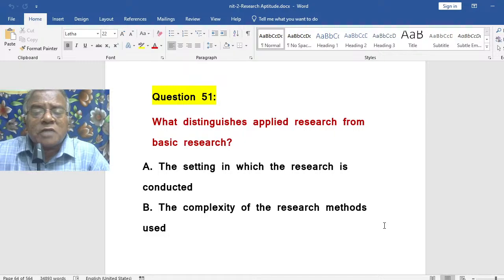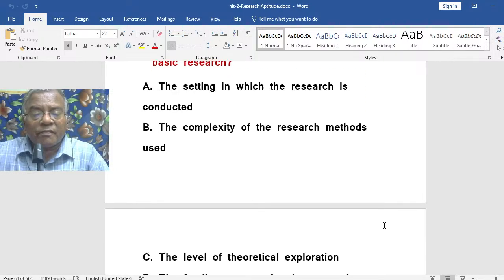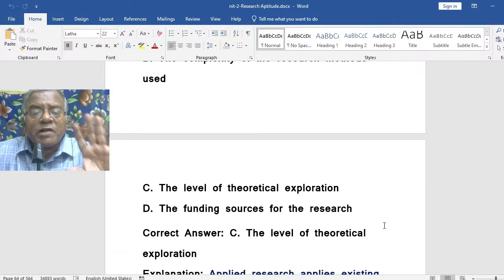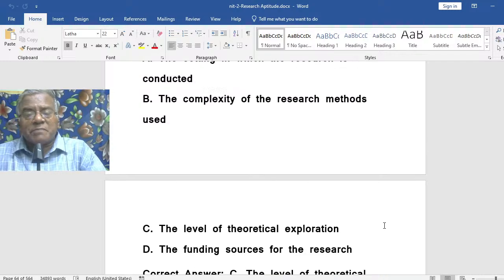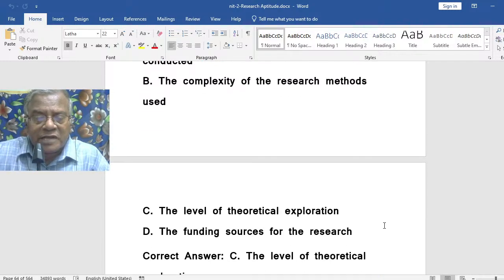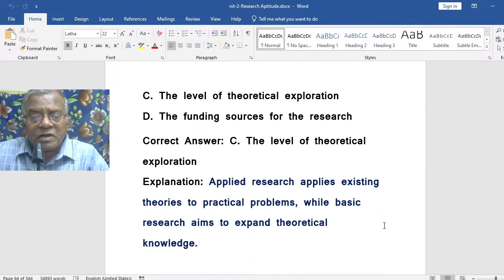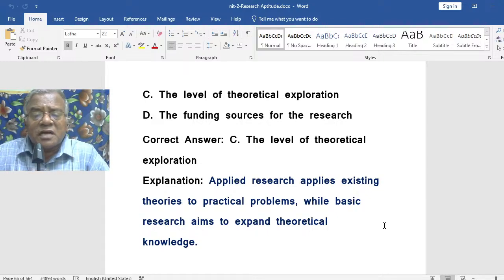What distinguishes applied research from basic research? What is the difference between applied research and basic research? It is the level of theoretical exploration. That matters a lot. Applied research applies existing theories to practical problems.